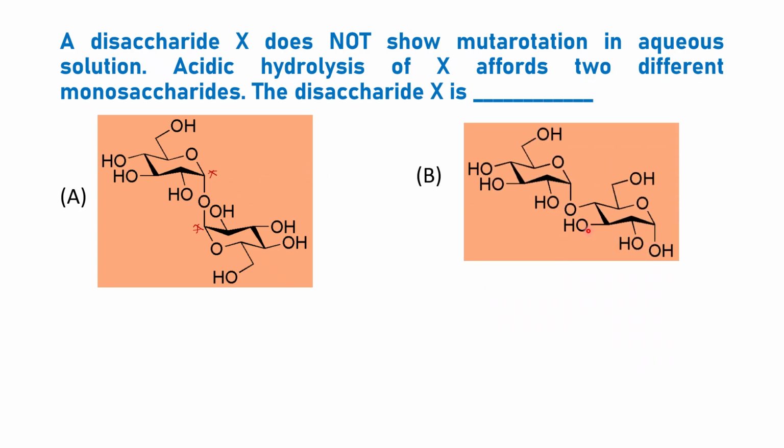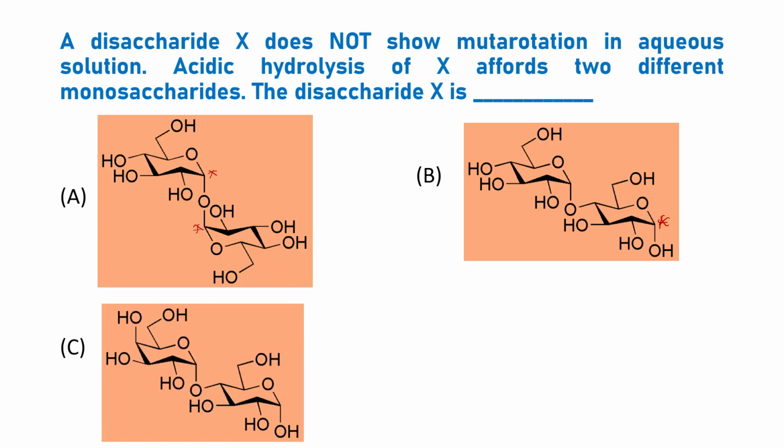So now going to the next molecule. In the next molecule, what we see, this particular carbohydrate's OH is locked, whereas this OH is free. So we know this molecule can mutarotate. So now next, let us see the next molecule. The third molecule, again, this carbohydrate is locked. So this can also mutarotate because this OH is free.